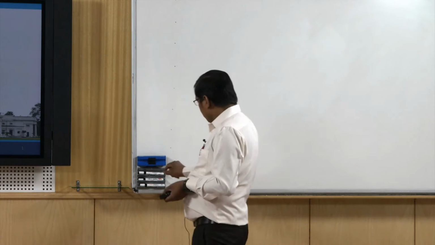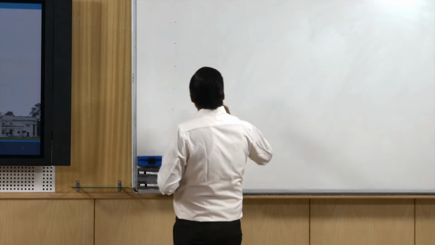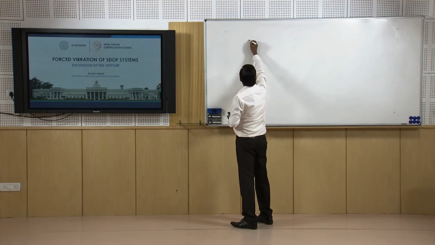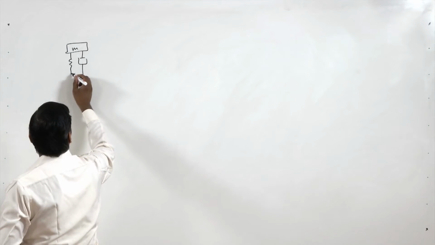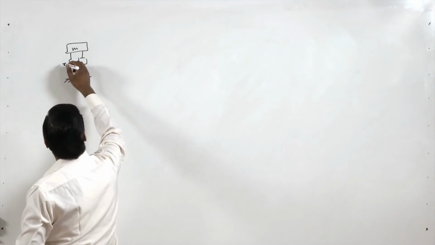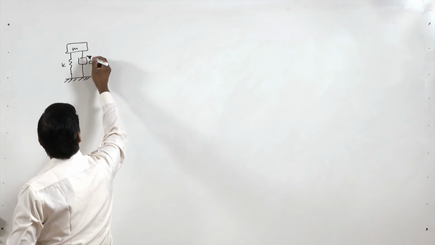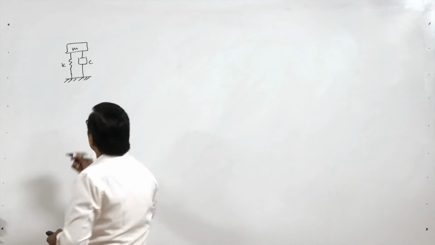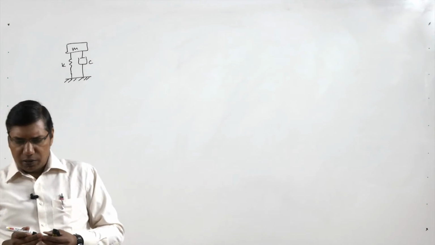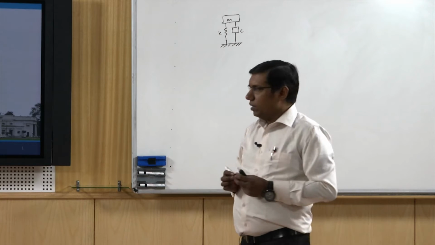Let's take this example. We have this system consisting of the mass element, stiffness element and damping element.